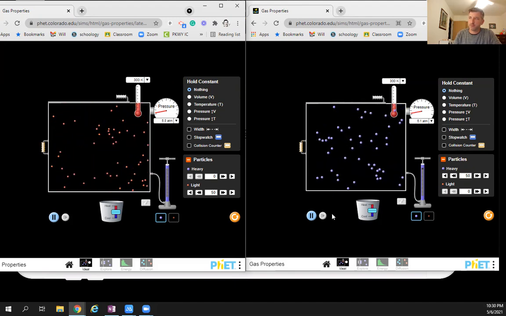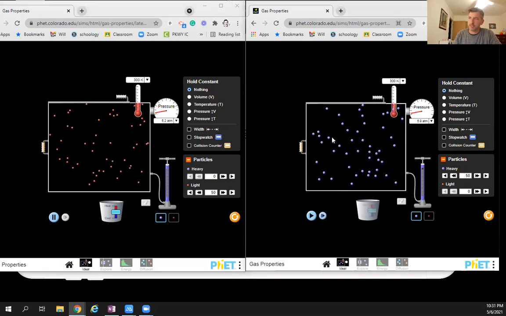Because again, if you look at the space, I'll just pause one of these for a second. Even these big guys here, the size of the particles is so much smaller than the space between them. And of course, in a real gas sample, the size of the particles would be much, much smaller even than this compared to the space between them. So unlike in a solid or a liquid, the size of the particles really doesn't matter.